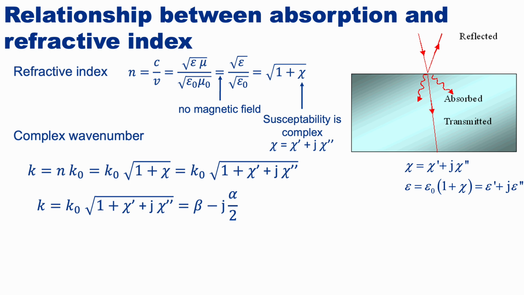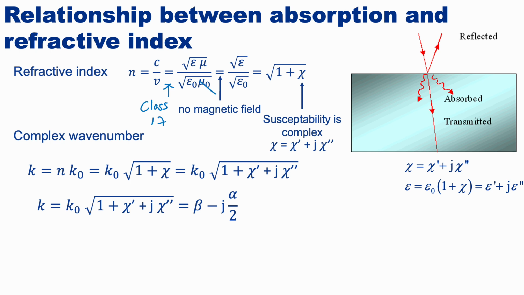So in general, we were saying in class 17 that we can write our refractive index in terms of the electric and magnetic properties, right?